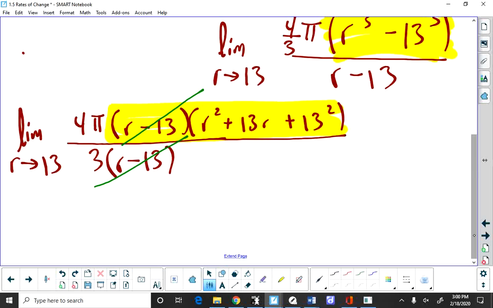I have a 4 pi, and 13 squared plus 13 squared plus 13 squared over 3. That divided by 3 is 13 squared. So what you end up with is 676 pi.